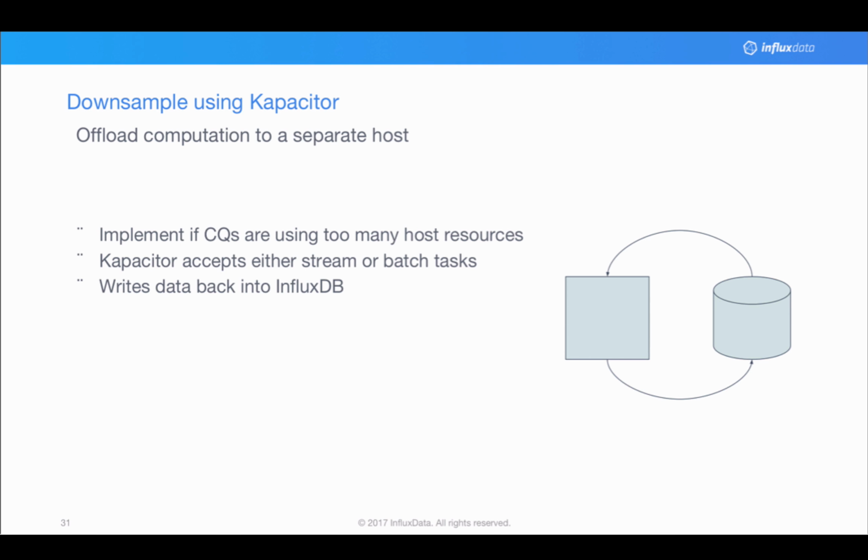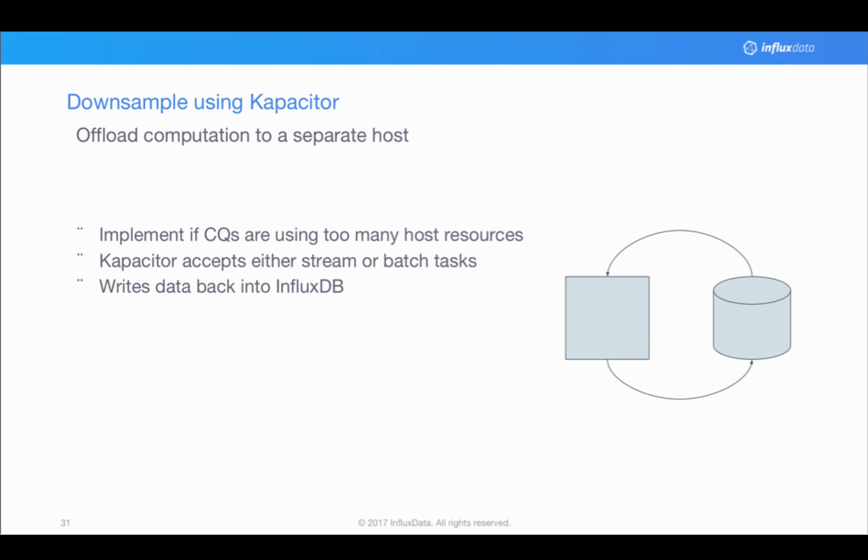And then the final thing here is Paul asked a question earlier about moving away from CQ to Capacitor. So how exactly does that work? This allows you to offload the computation that's involved in a CQ to a separate host. This is what you would implement if CQs are using too many resources.